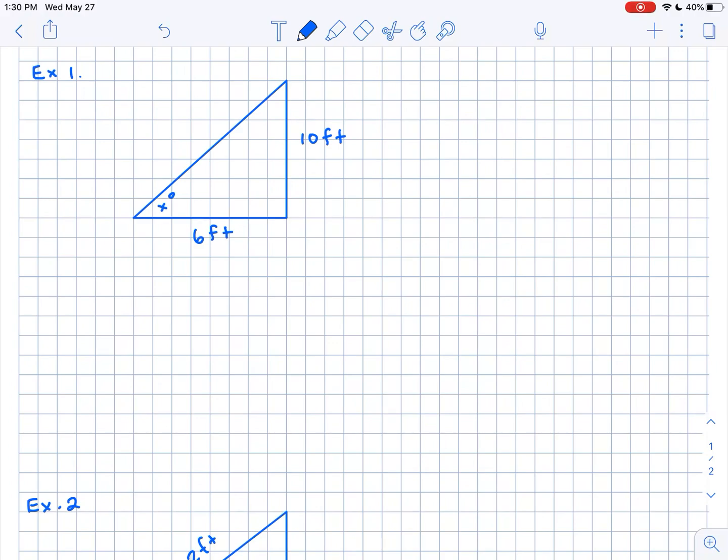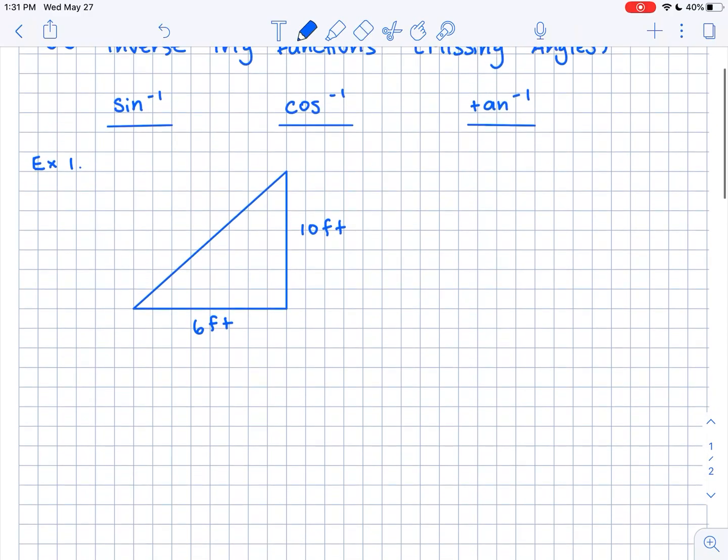The basketball hoop is 10 feet off the ground and we're standing 6 feet away, which isn't that far away. And I want to know at what angle do I need to shoot the ball to hit the rim. If you're playing basketball, this is not the best way to solve this problem, but it's just an example.